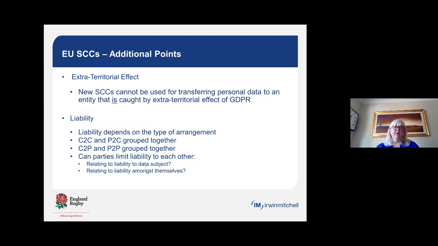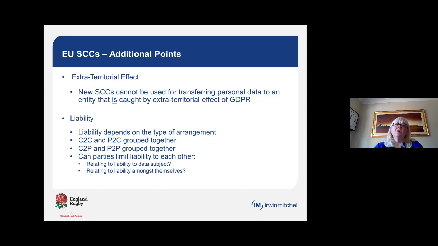Obviously, one of the perennial questions that we have in relation to both processor clauses under Article 28 and standard contractual clauses in terms of export is the ability for the parties to limit liability between them. And I think that is something that certainly from the standard contractual clauses is looking more difficult, and it will certainly be interesting to see how that pans out.